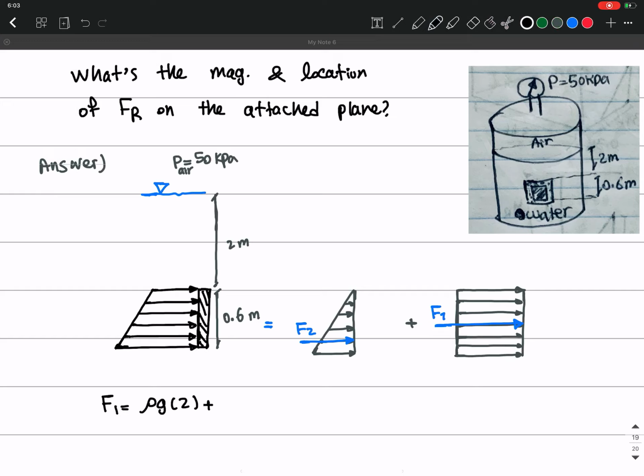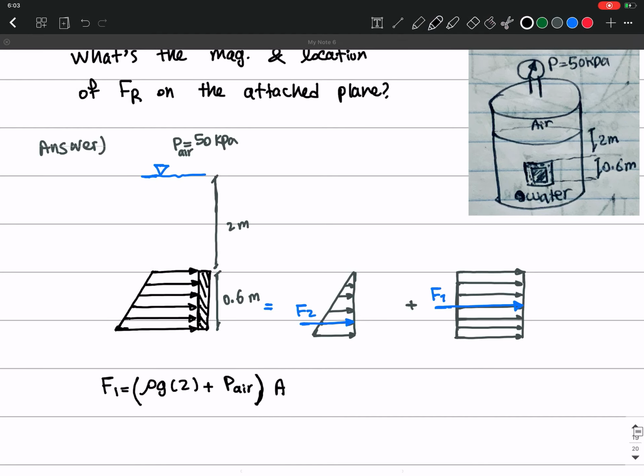So I'm gonna have plus P air, and this is gonna be the pressure, and in order to get the force I have to multiply it by the area of the attached plate.